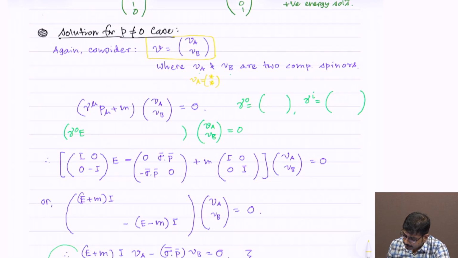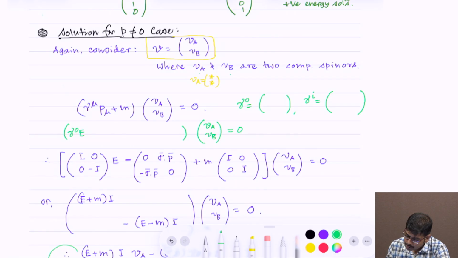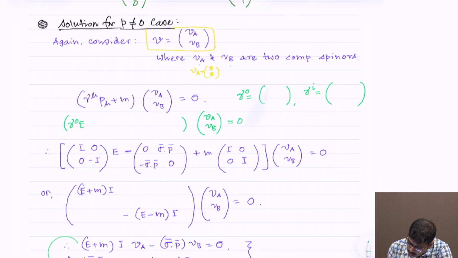Let us remember what gamma 0 was. Gamma 0 was (1 0; 0 minus I). What was gamma i? This was (0 sigma i; minus sigma i 0). So let us first write this equation.